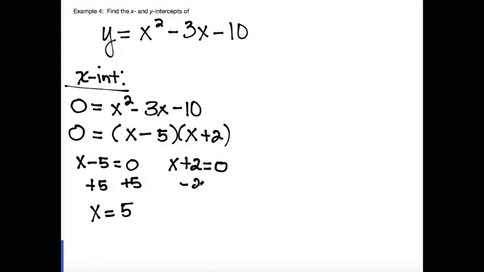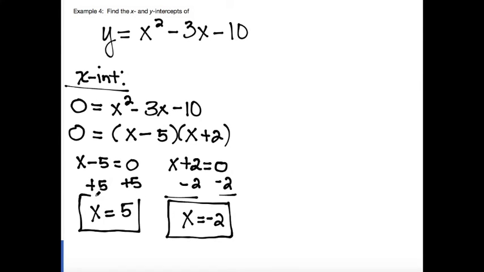And I'm going to subtract 2 over here. That's going to give me x equals negative 2. So my x-intercepts are negative 2 and 5. All right, so now let's go ahead and find my y-intercept. Remember, you're going to plug 0 in for the x values.